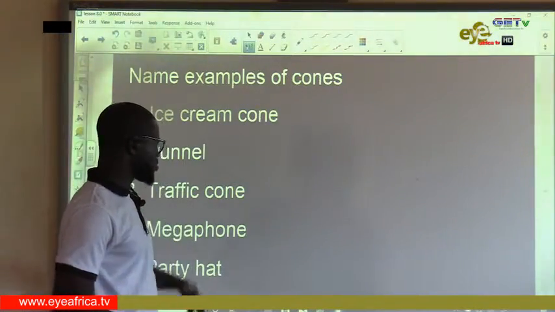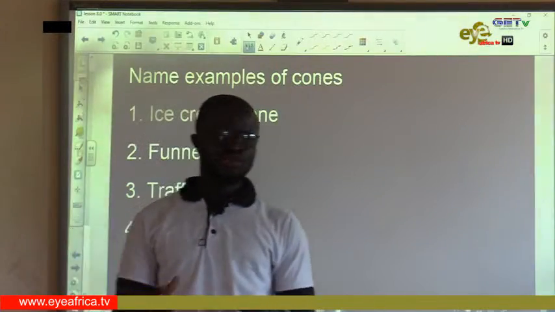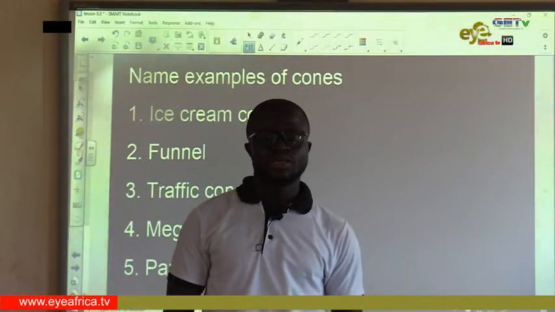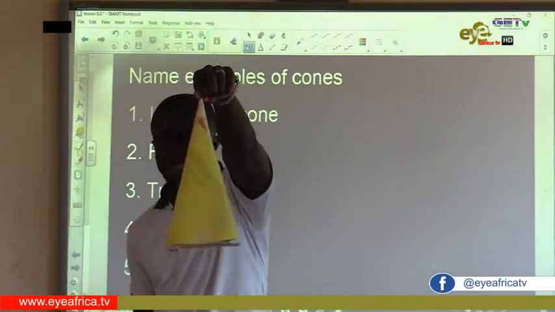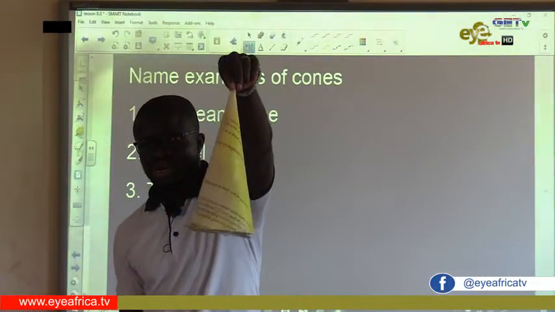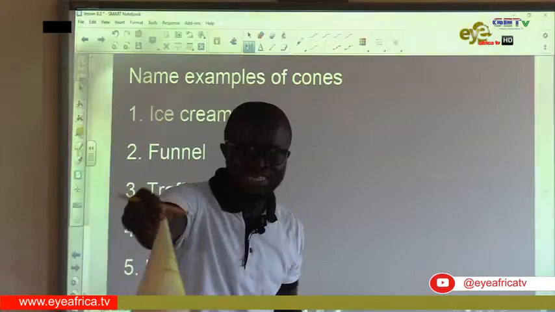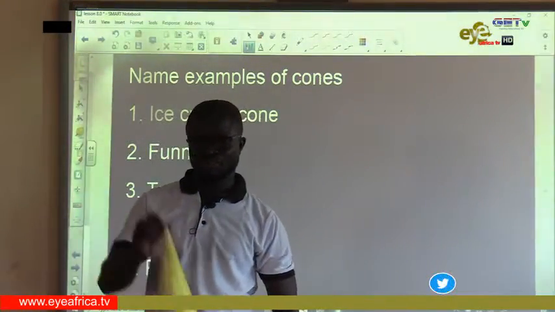Now, the traffic cone, like I said, to some extent could be used as an example of a cone, because most of them are in this shape, as you can see. It is orange in color. Normally put at a particular distance before where they will ask you to stop.